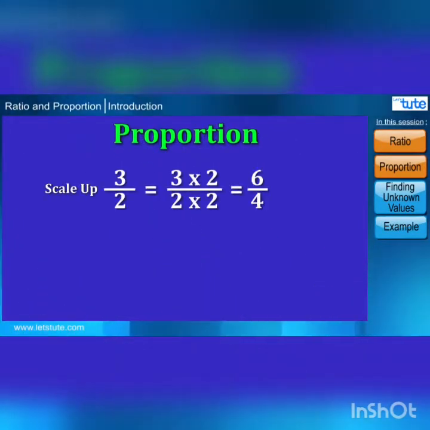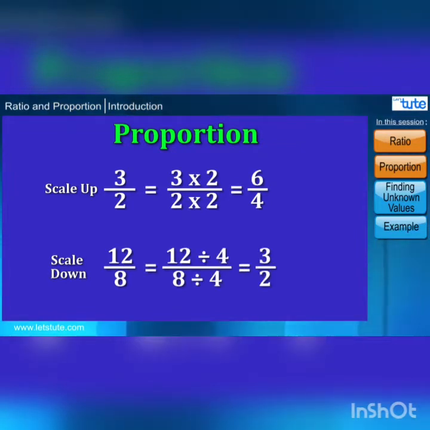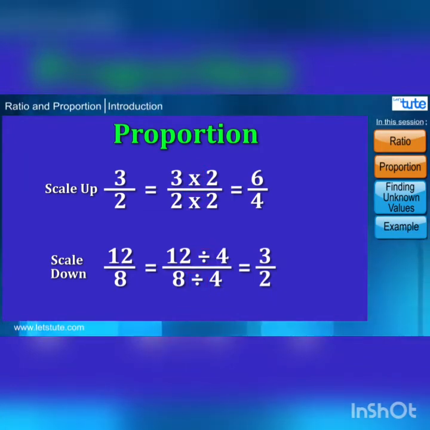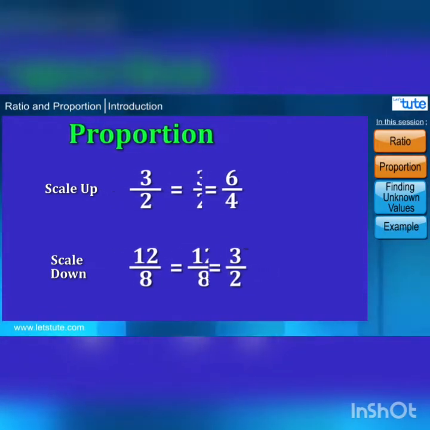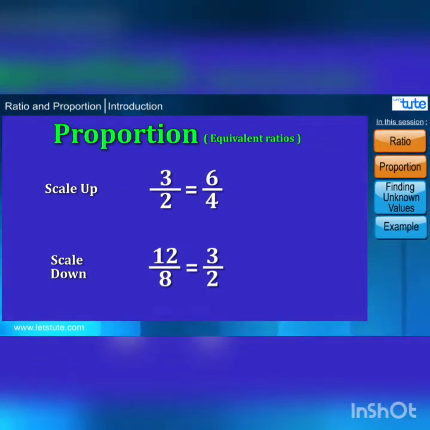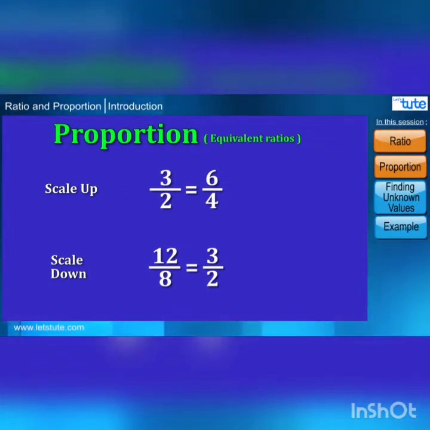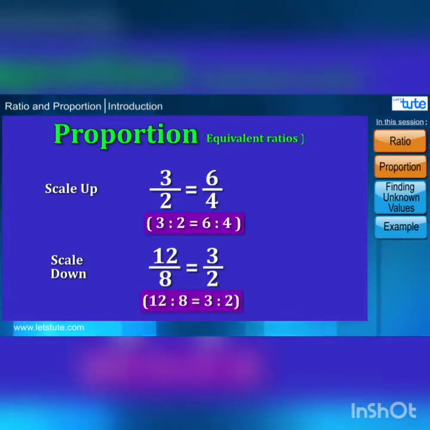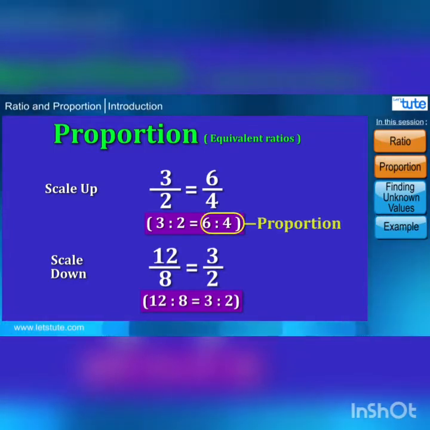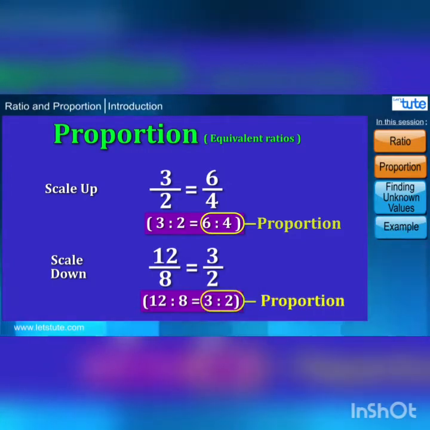When we scale up or scale down a ratio, that is, multiply or divide the numerator and denominator by the same number, we will get ratios which are equivalent, that is, equivalent ratios. And proportion is nothing but equivalent ratios. Here, 6:4 is a proportion of the ratio 3:2. Similarly, for 12:8, 3:2 is also a proportion.